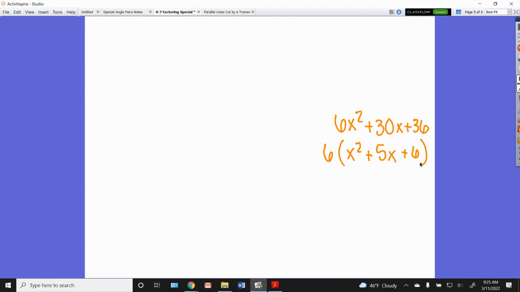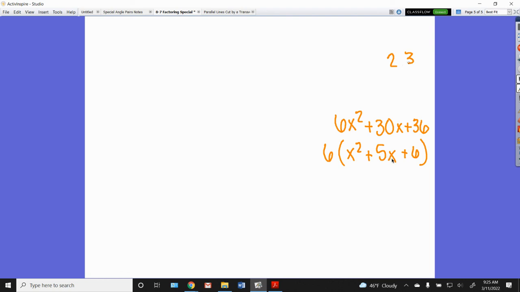It says on one of these, and I'll talk about it later, it says, is this a perfect square trinomial? If it said, is this a perfect square trinomial, it would not be because of this right here. 6 is not a perfect square. You get that, right? Now, is it factorable? Yes, because two numbers that make up 6 are 2 and 3, and they conveniently add to 5.